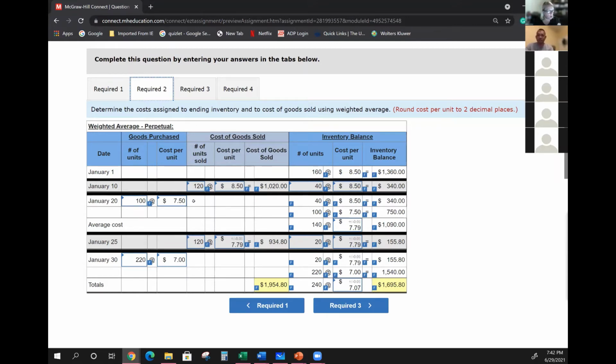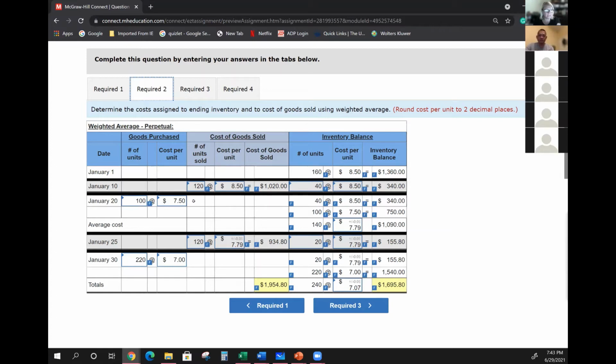So I have $340 on the 40 and I have $750 for the 100 that I just purchased. So the total is 1090. I'm just going to take that 1090 and divide it by that 140 to know what my average is. So right now I have 140 units with an average price of $779 per unit.